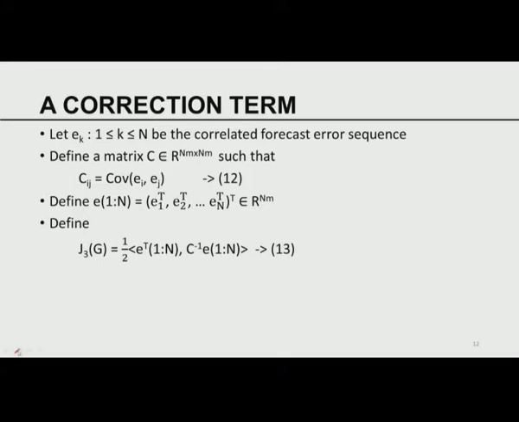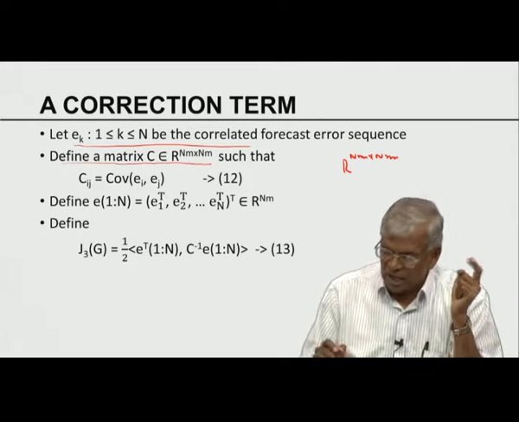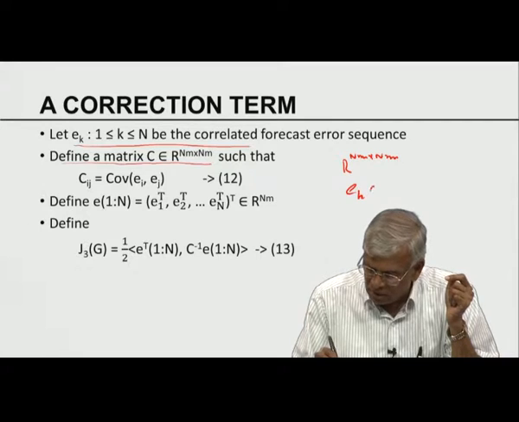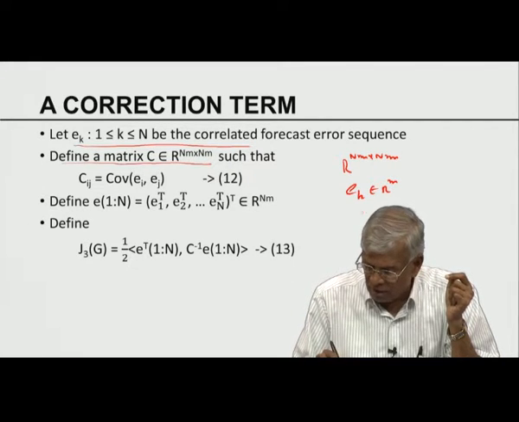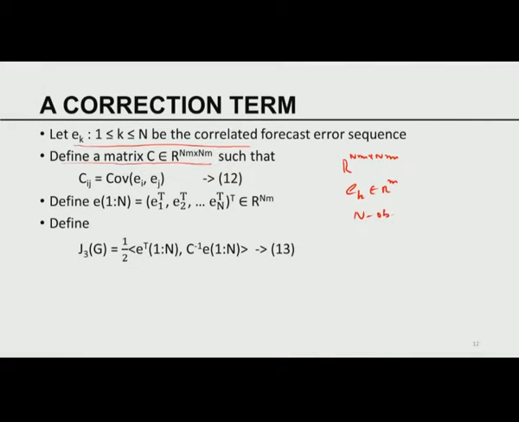So let's talk about this now. Now that we have established that the errors are serially correlated, what do I want? I would like to define a matrix C. What is this matrix C? The matrix C is RNM times RNM. Why NM? M is the size of the forecast error. Please recall, this is the size of the forecast error. I have N observations.